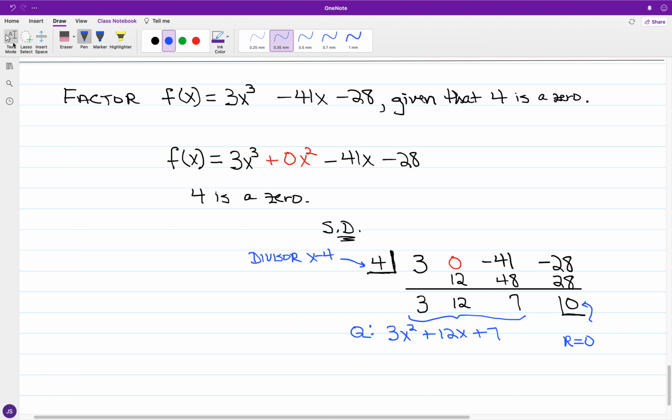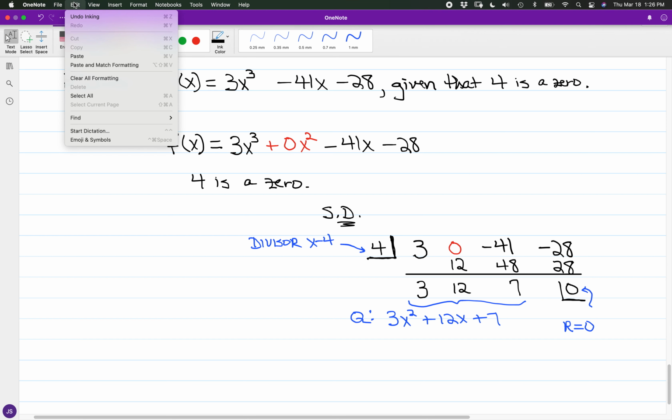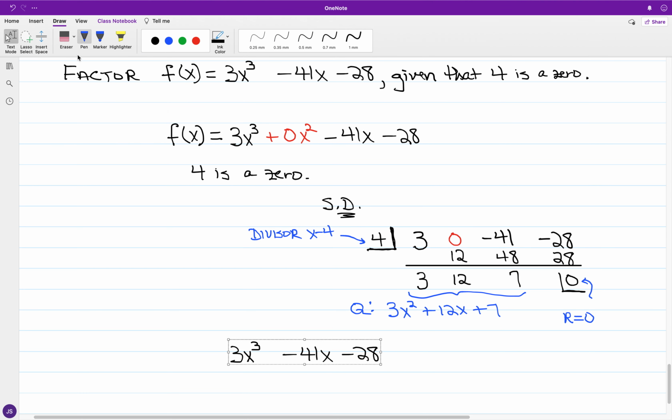And so for the factoring, 3x cubed minus 41x minus 28 is equal to 3x squared plus 12x plus 7 from the quotient, times the divisor x minus 4.